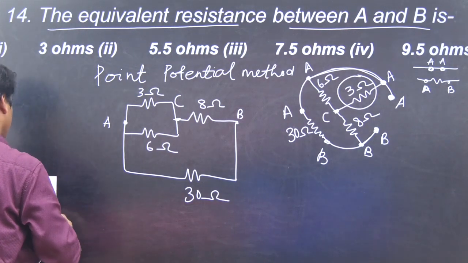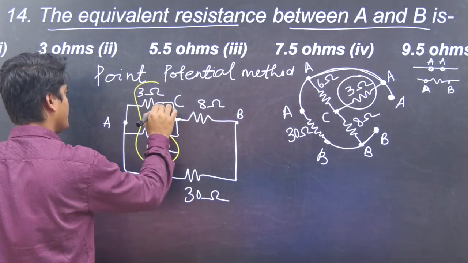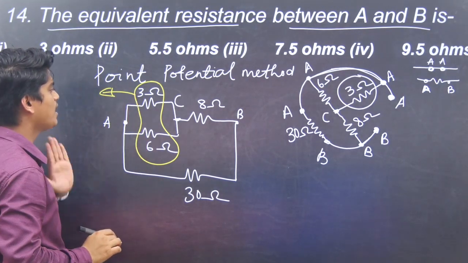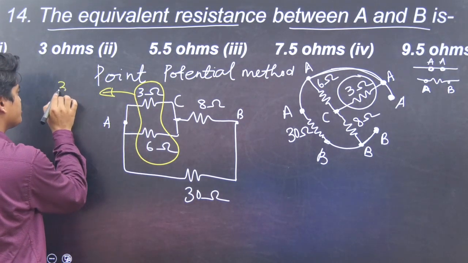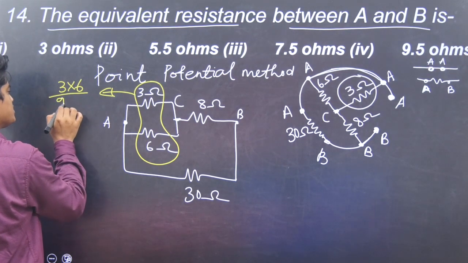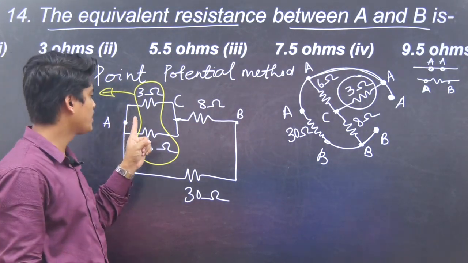You can understand here these two are in parallel. If two resistors are in parallel, how to find the equivalent? Just multiply the resistance values, divide by the sum of the resistance values.